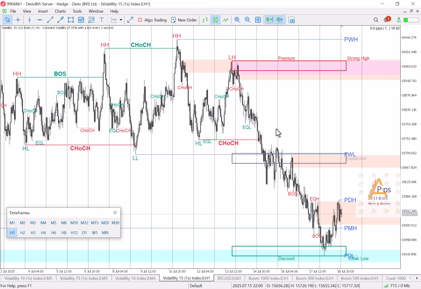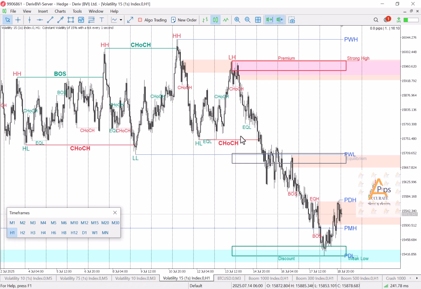Because this change of character in bold has shown us that we have moved from this change of character, the green one at the top here, into this bearish change of character. So this change of character here, I refer to it as a liquidity sweep. Okay, you can say this is a break of structure. We change this state, this structural movement, and then we change again back to bearish movement on H1.